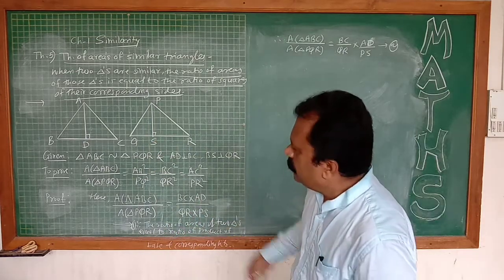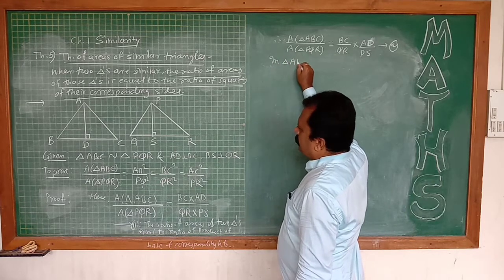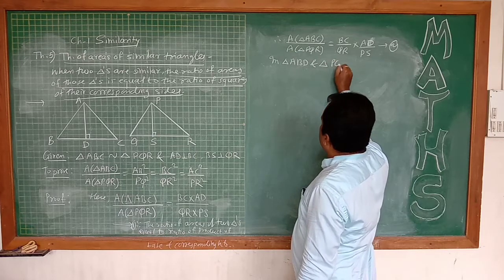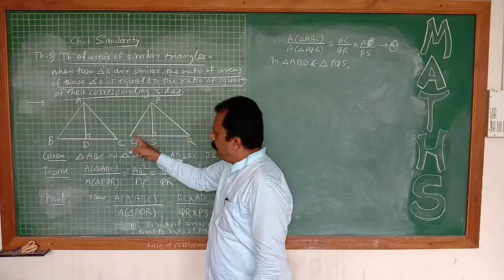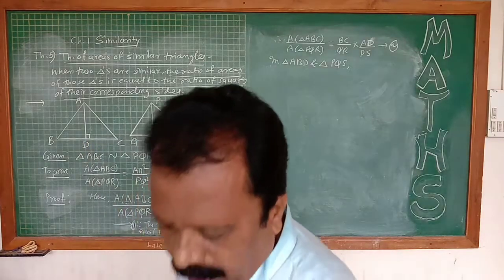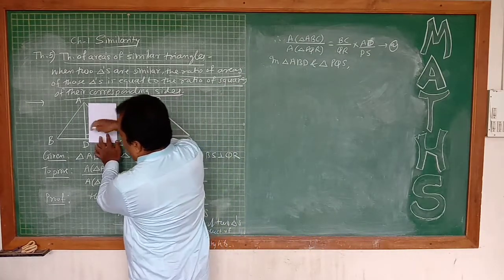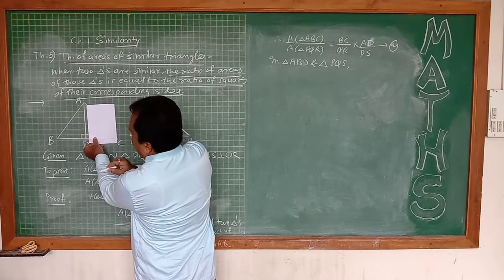Now I have to show, in triangle ABD and in triangle PQS. What can you see? This is 90 and this also is 90.